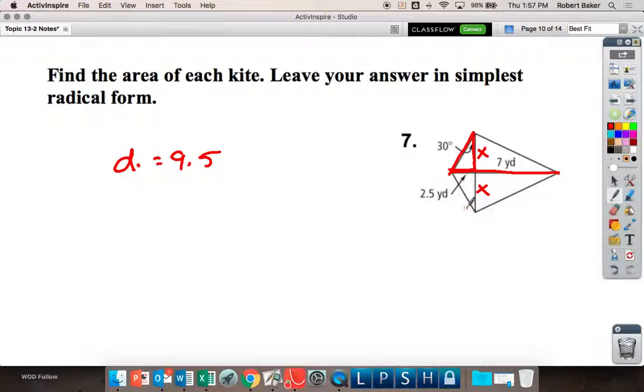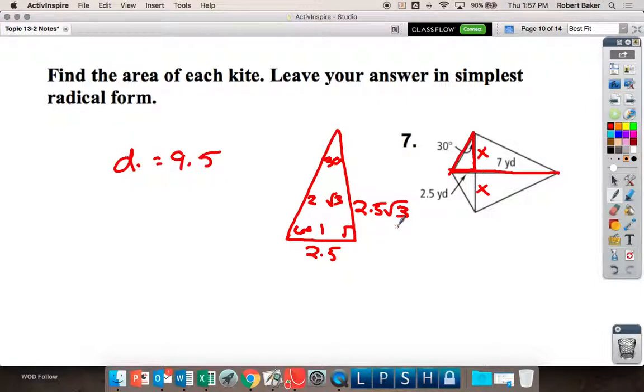So I have a triangle, it looks like this: 30, 90, and 60, and it says that this is 2.5. 1, 2, and the square root of 3. So do I care about this length over here? No. I need to go this way. To go from 1 to the square root of 3, you multiply by the square root of 3.